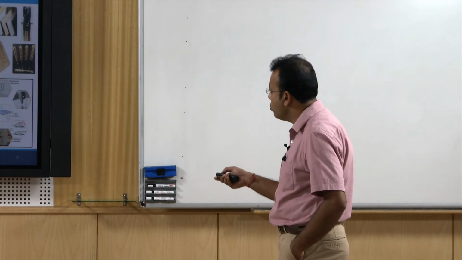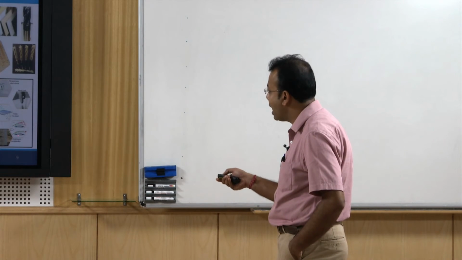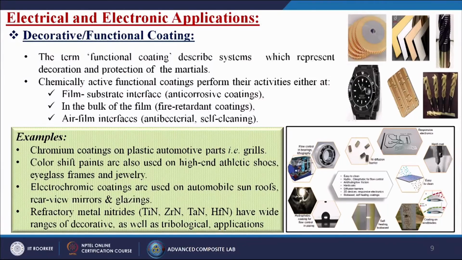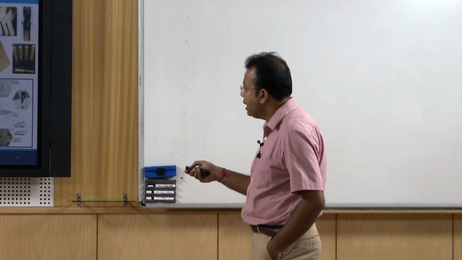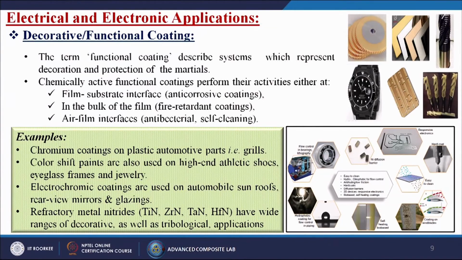Then we are going to use this kind of coatings for window glasses, then self healing materials, then we can make these materials hydrophobic in nature from hydrophilic, and there are several kinds of applications listed over there which we can do by these kinds of coatings.